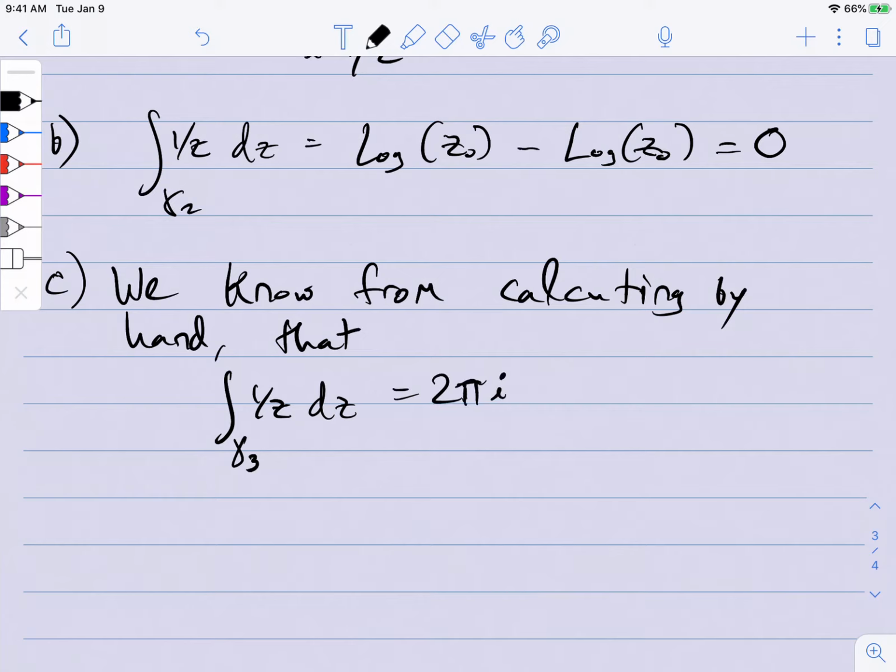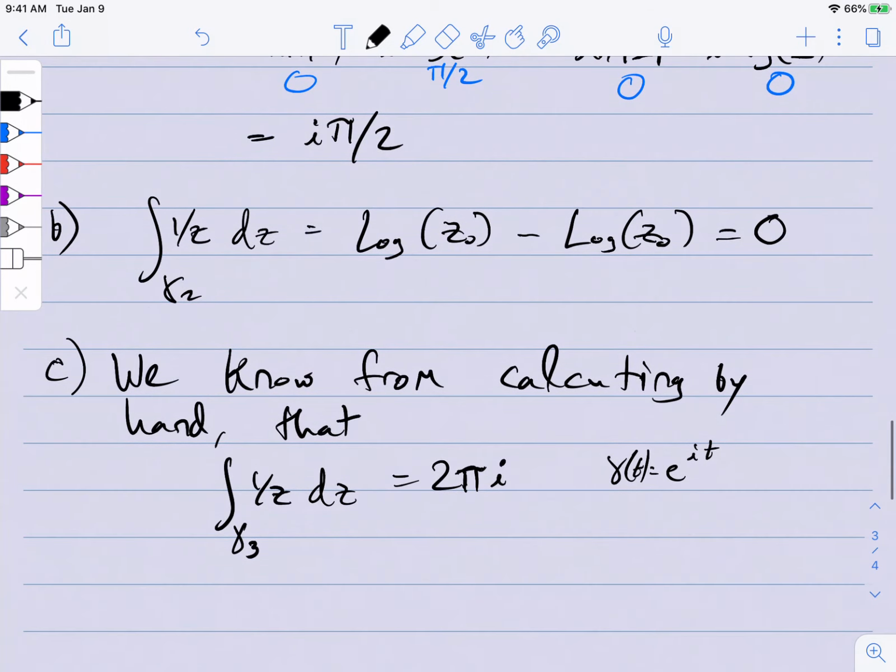So we did that calculation. If you don't remember it, try to do it by hand using the usual parameterization of the unit circle given by gamma of t equals e to the it. And it's not too hard to calculate this with that parameterization. But you get 2 pi i.